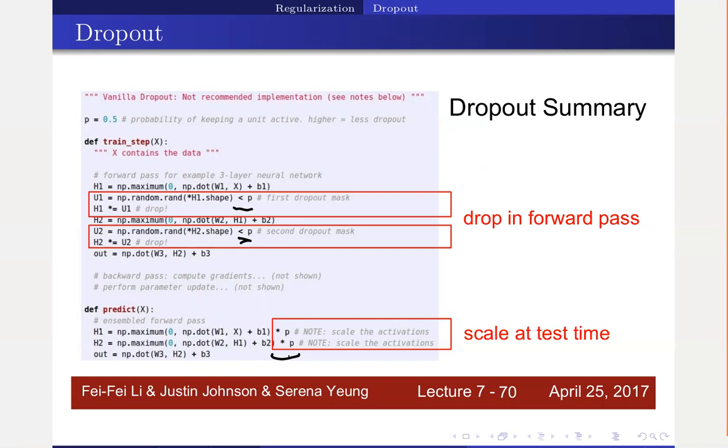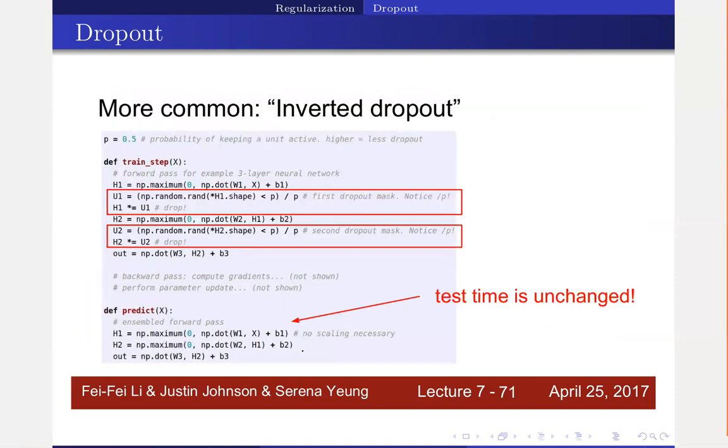So instead of doing this scaling at prediction time, we can just scale up the coefficient by 1 over p during training. Okay, that's basically dropout.